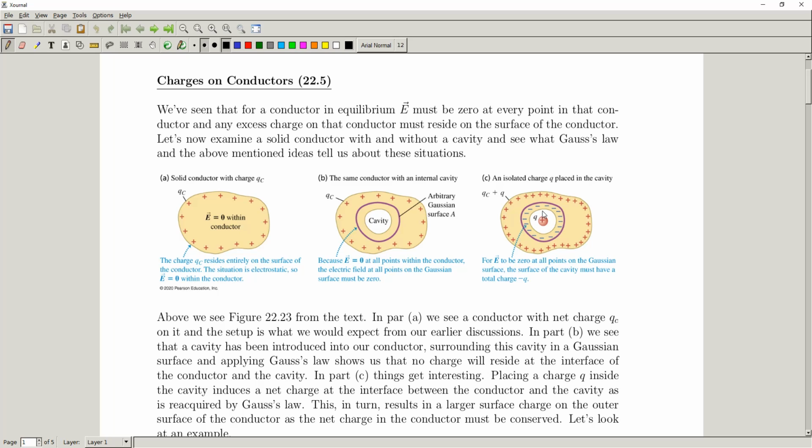So it induces this net negative charge, and so now when we wrap our Gaussian surface around this negative charge that's been induced in our conductor and the positive charge sitting at the center of our cavity, we again have no net charge inside our Gaussian surface, right?